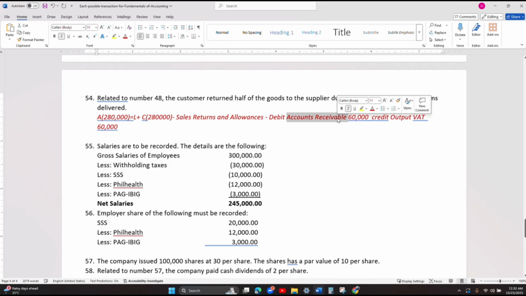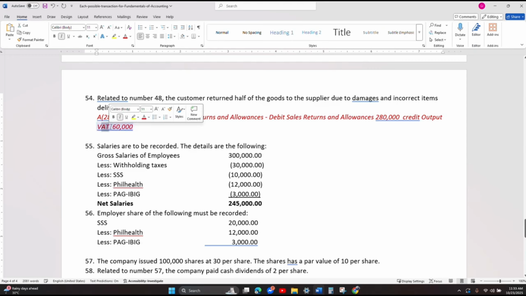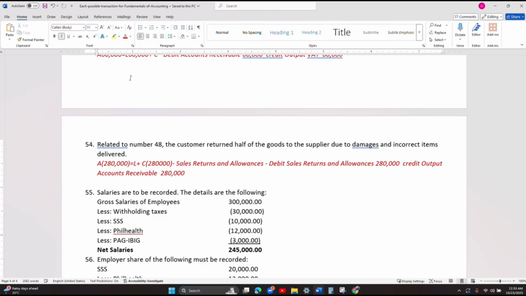The entry is debit sales returns and allowances, 280,000, and credit, of course, accounts receivable, 280,000. And that's it. This is related to the merchandising.